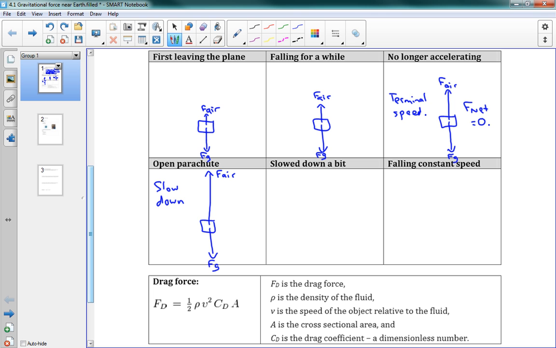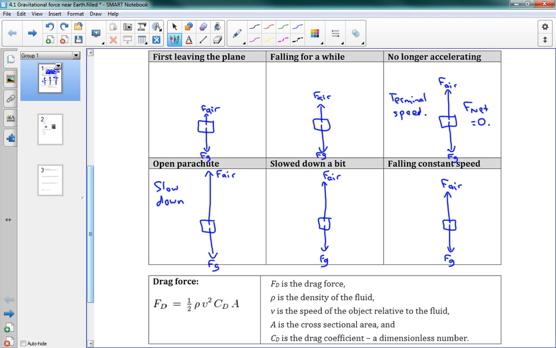Now, after I've slowed down for a bit, as I get slower, my air resistance gets smaller. So this guy is going to be not quite as big. And eventually, it's going to drop down enough that it's once again perfectly balanced with gravity, which means I'm not going to change speed anymore. I'm not accelerating.